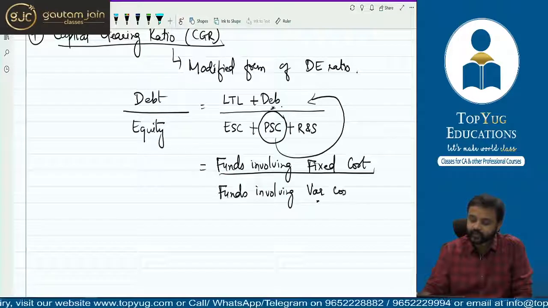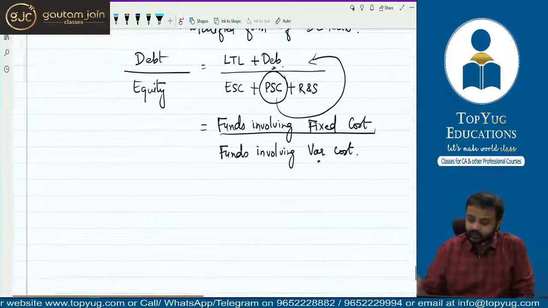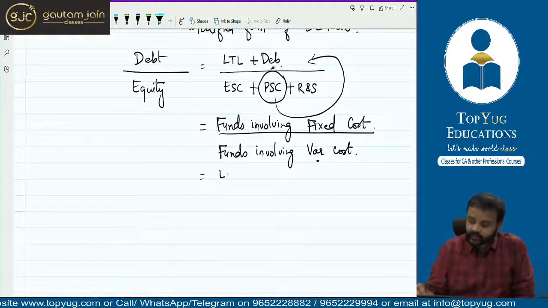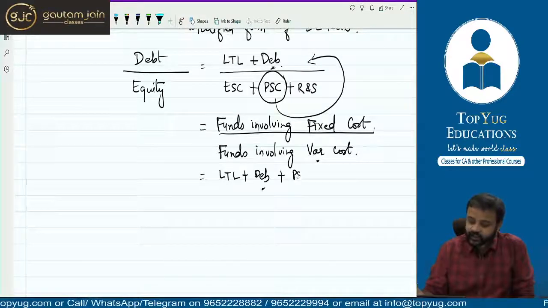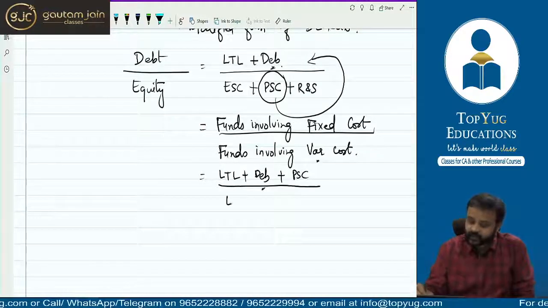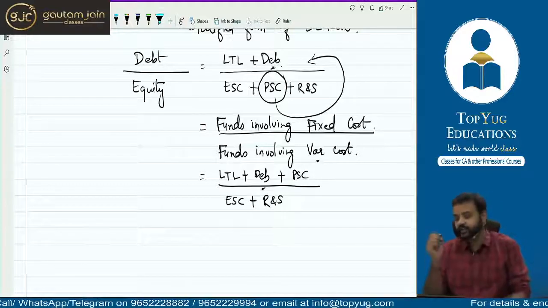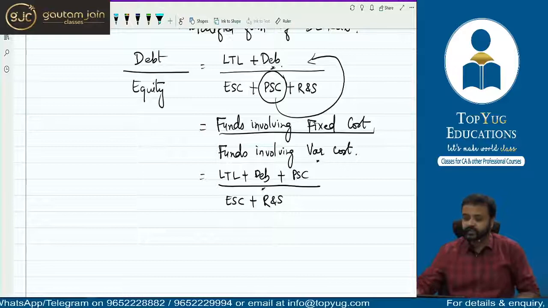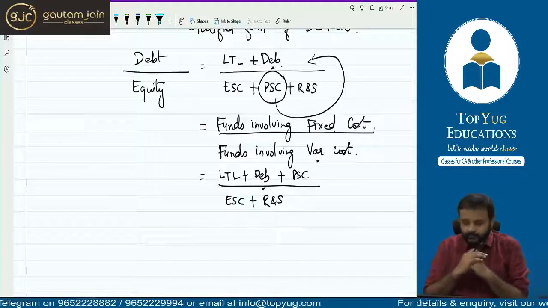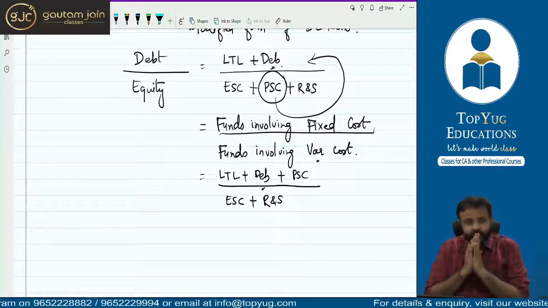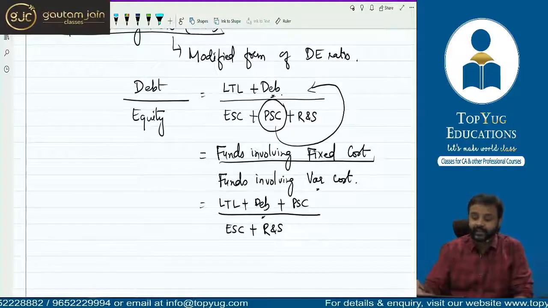So the other way of writing this is long term loan plus debentures plus preference share capital divided by equity share capital plus reserves and surplus. And just in case you say, sir, fictitious assets are also there, then that will be minus fictitious assets. Okay, are you getting it? So this is capital gearing ratio, I said.